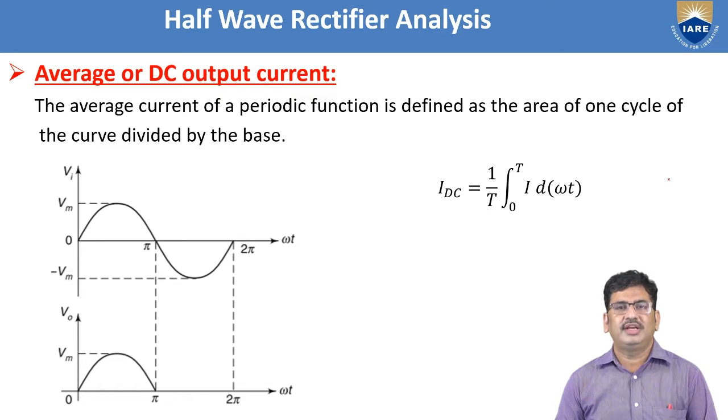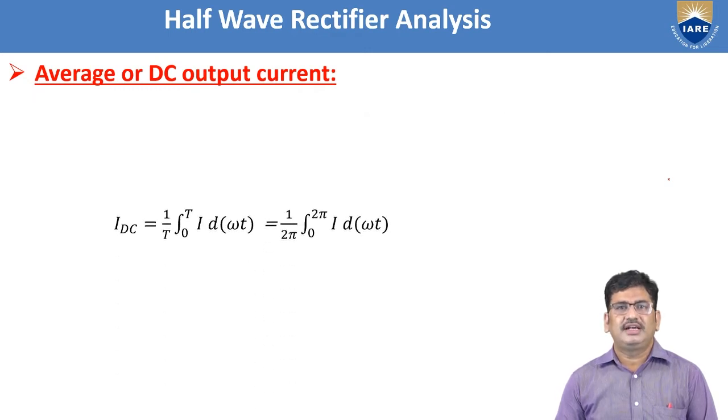So by substituting T as 2 pi and i from 0 to pi as Im sin omega t, whereas from pi to 2 pi the value of the current is 0, we can get the IDC current as follows.